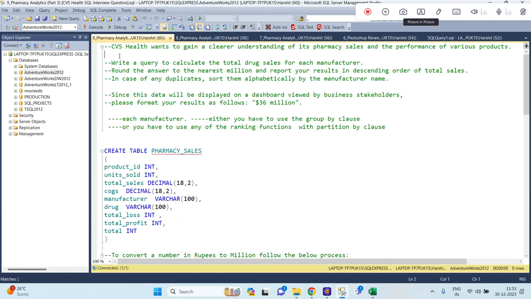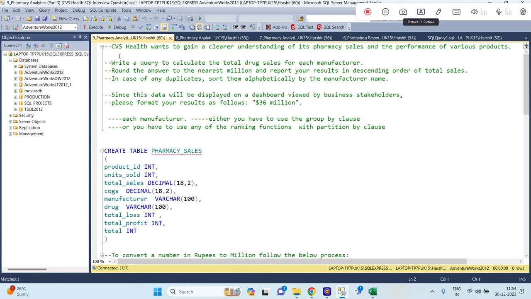CVS Health wants to gain a clear understanding of its pharmacy sales and the performance of various products. Write a query to calculate the total drug sales for each manufacturer. Round the answer to the nearest million and report your result in descending order of total sales.